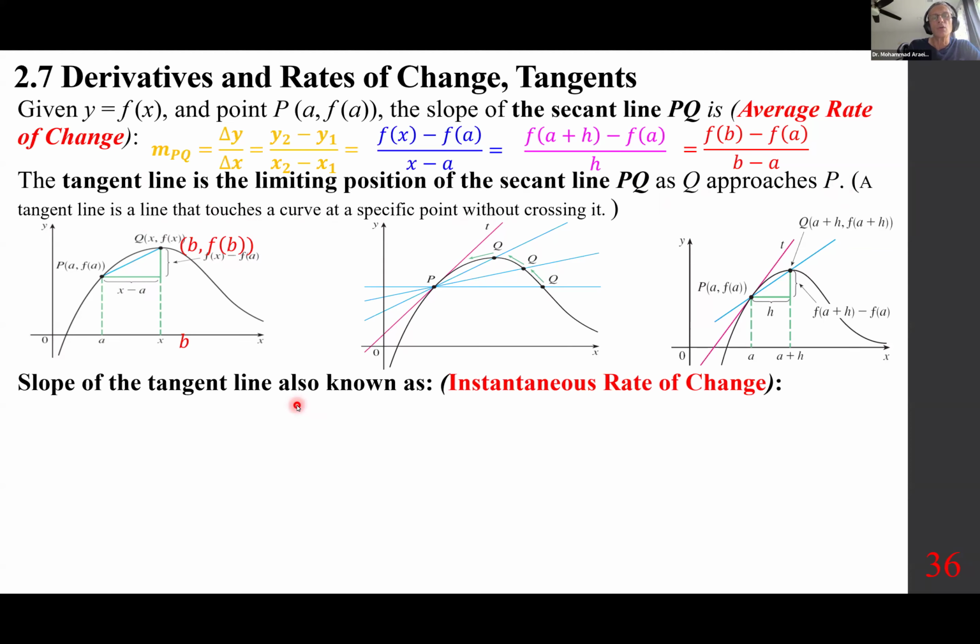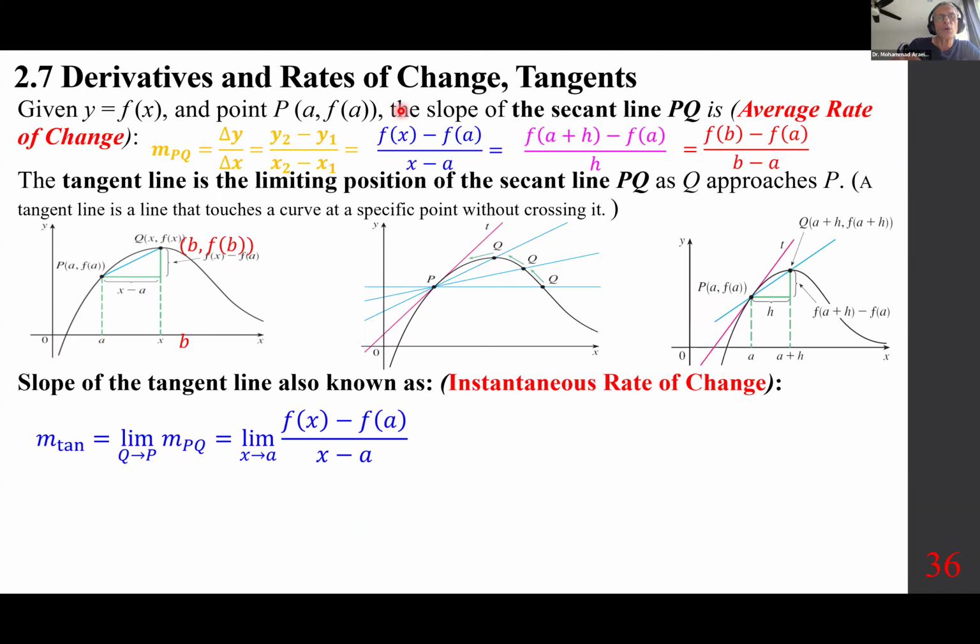The slope of a tangent line, also known as the instantaneous rate of change, m of the tangent line, is the limit of m of PQ as Q approaches P. Now we move things around such that Q is approaching P, getting to the red line.